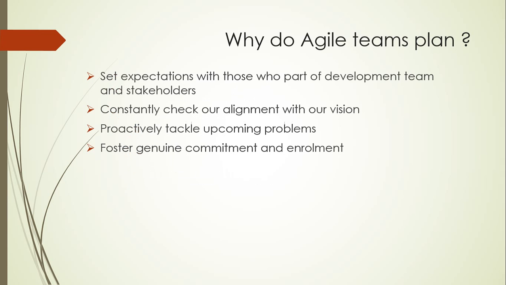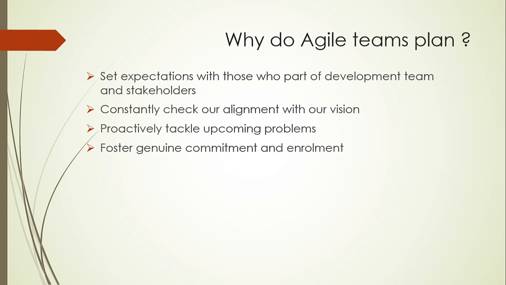Why do agile teams need to plan? Basically, at the beginning of every sprint, the development team has some goal and stakeholders have some expectations. So to have clear-cut acceptance criteria, the development team goes through the sprint planning meeting and acceptance criteria is defined to make sure that there is very little variance between expectations set by the stakeholders and the work results delivered by the development team.